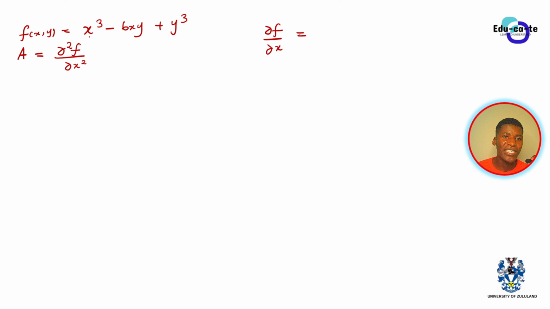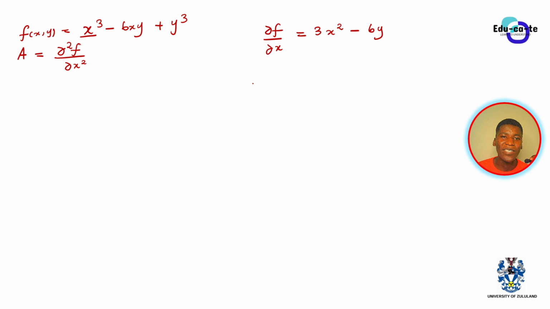We can also do it here and just differentiate the function in terms of x. So this is 3x squared minus 6y. This is the first partial derivative with respect to x. We can further differentiate this again with respect to x. That's where we get the squared, to say that we are now doing it for the second time.